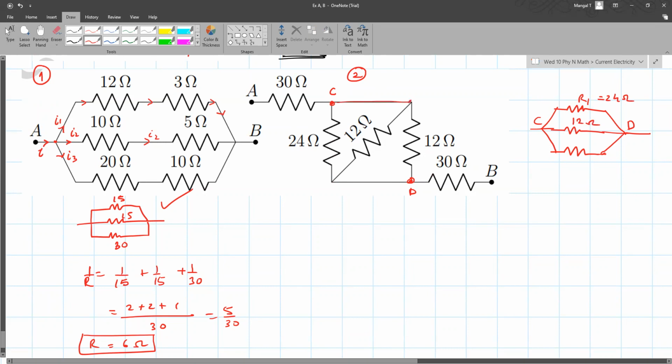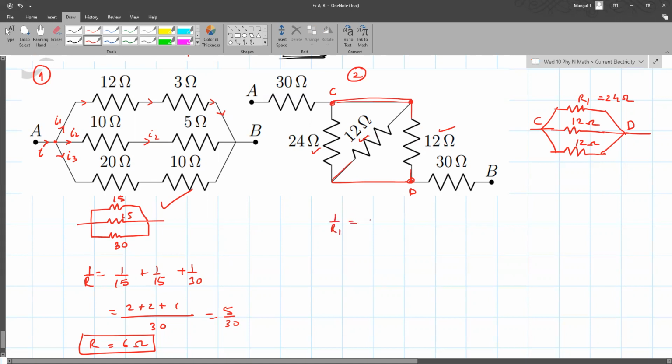Again, one point of that resistor is connected to C and another point is connected to D. And our third resistor, which is again 12 ohms, has one point connected to C and the other point connected to D. So these three resistors indeed are parallel to each other.